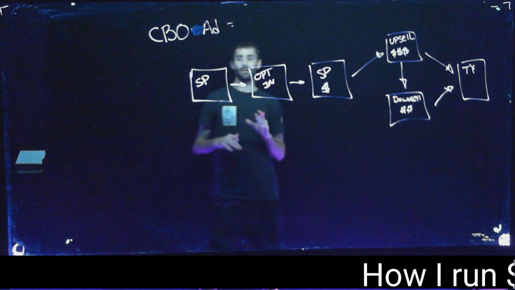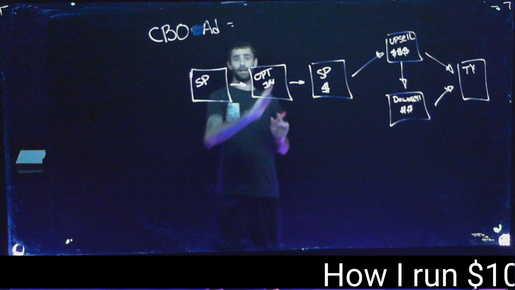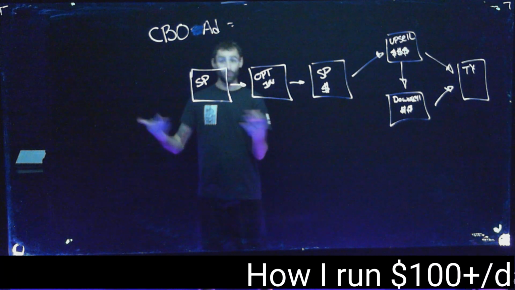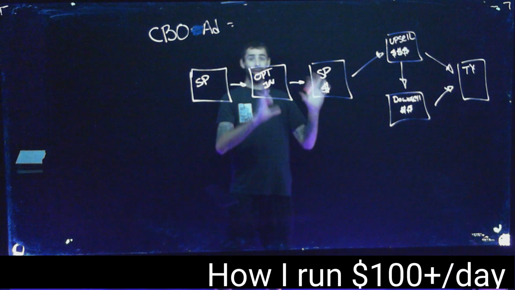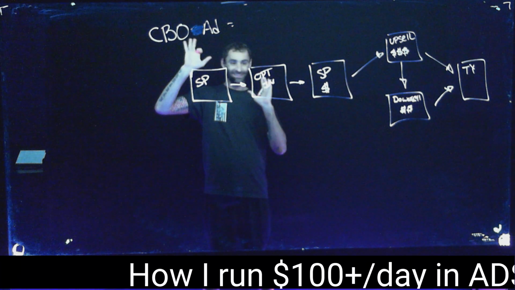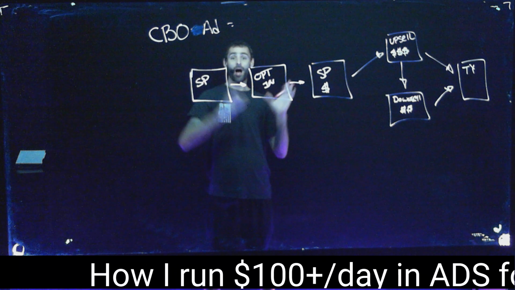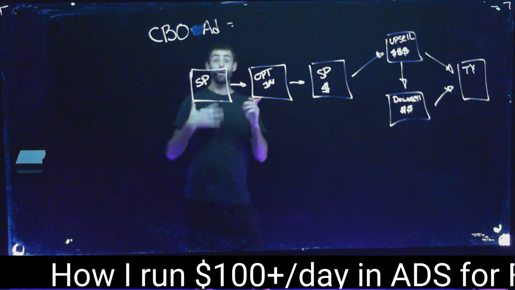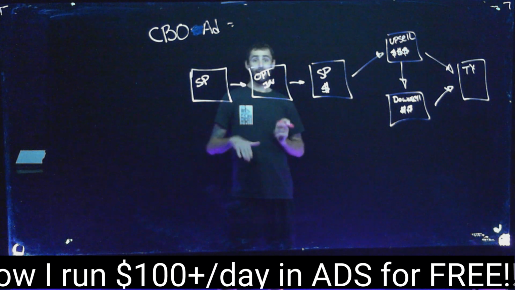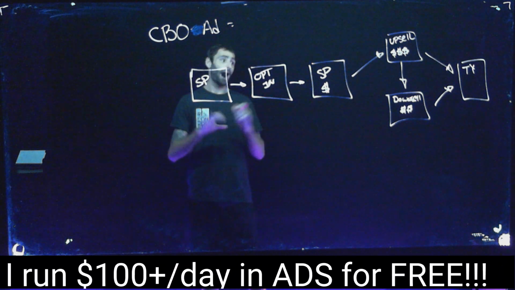This is the example that I'm going to use, and this is one of the funnels that I actually run ads to. And these ads literally pay for themselves. So the ads don't cost me anything because the ads pay for themselves, because I run a campaign budget optimized ad, which means that my budget for the entire campaign is completely optimized over that campaign. And I'm going to show you exactly what that means and how it actually works.